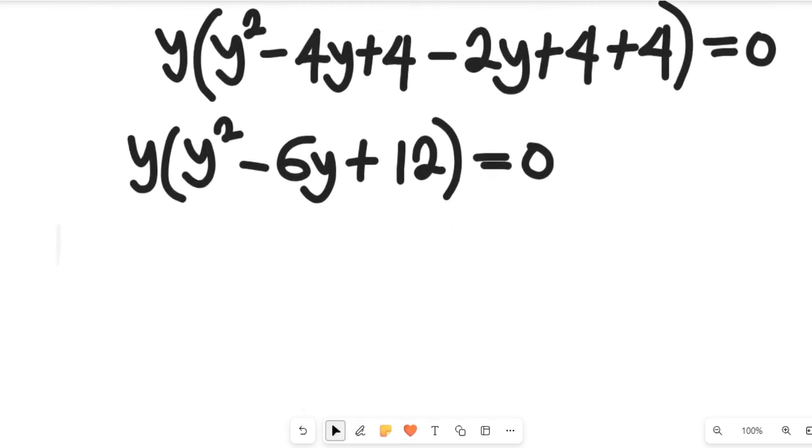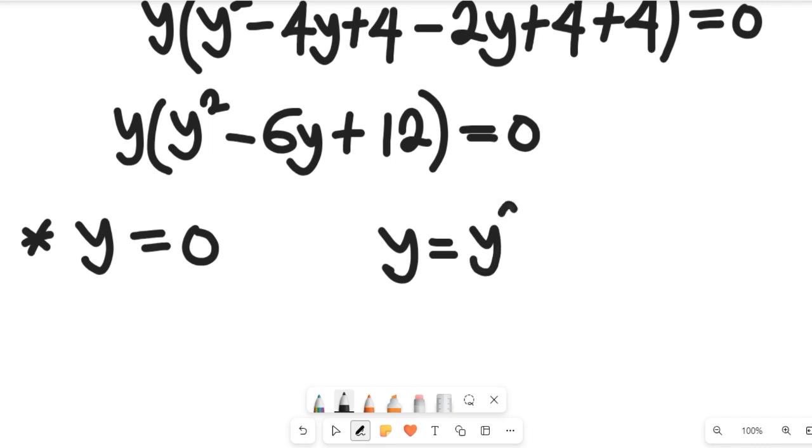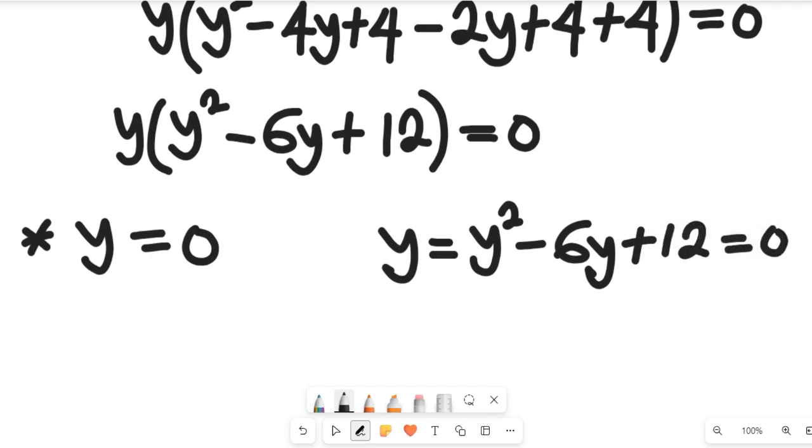This is what we call the product rule. And from this product rule, our first case, you come to see that our y is equal to 0, and our second case is y square minus 6y plus 12 equal to 0.